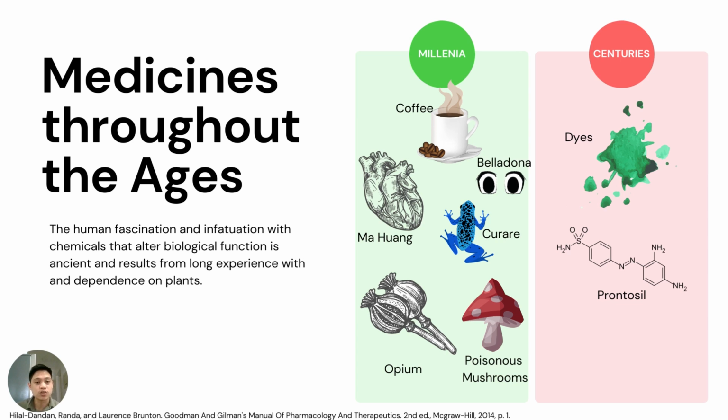And it results from long experience and dependence on plants. So you will observe that much of the drugs that we use right now, the aboriginal, the prototypical drugs that we have and we use to treat diseases, find their origin in plants.